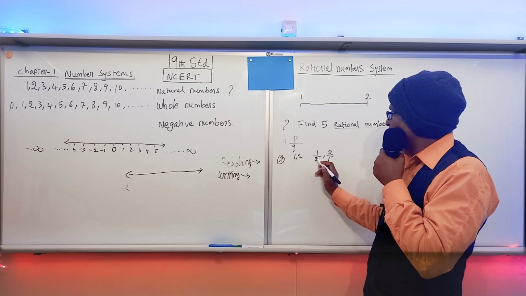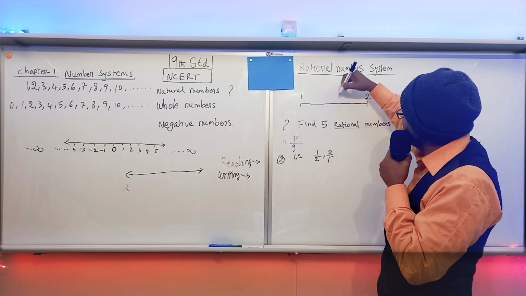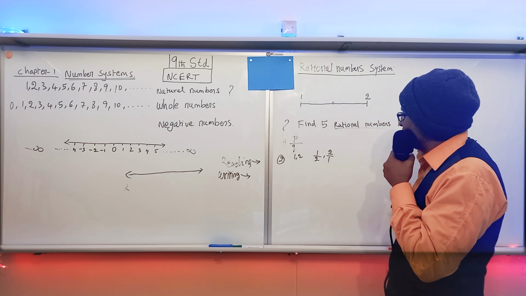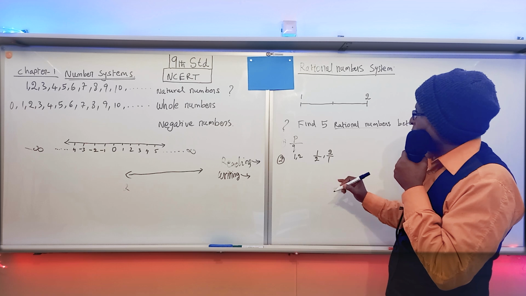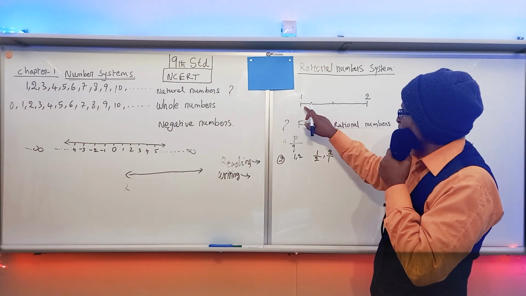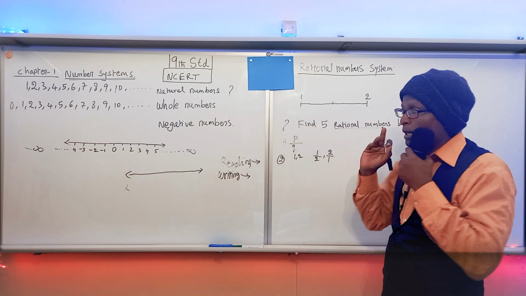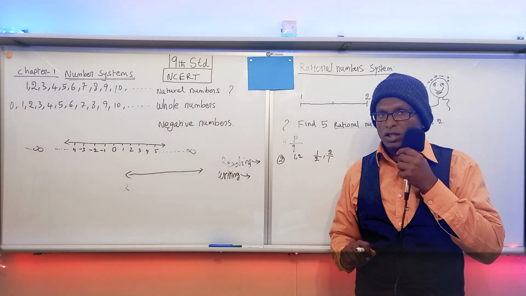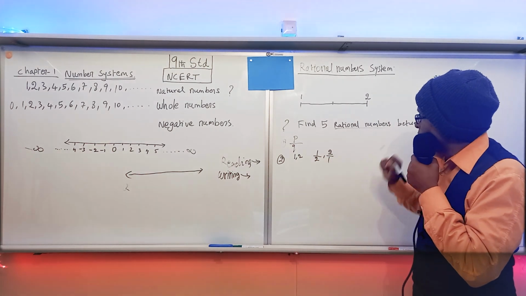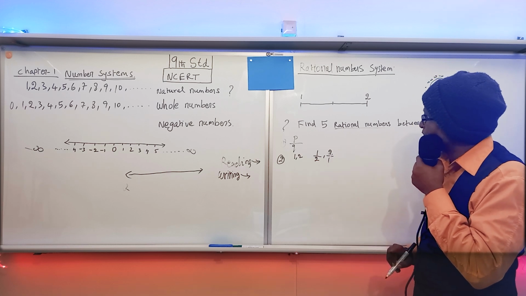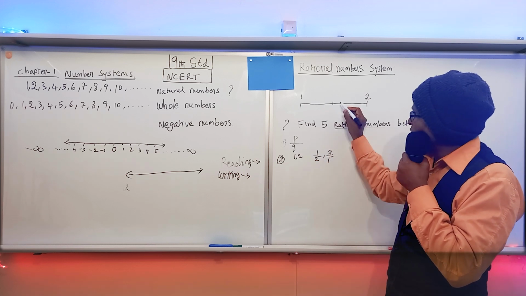And half is a rational number. But they ask us for 5 rational numbers between 1 and 2. Between means not including 1, not including 2. So this one is not usable. And half we can use, because it's in between.